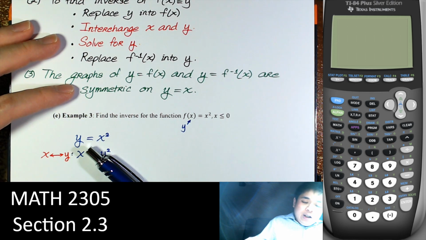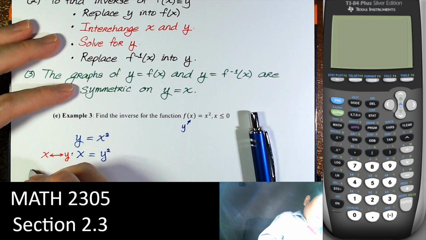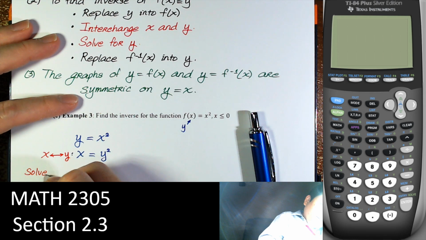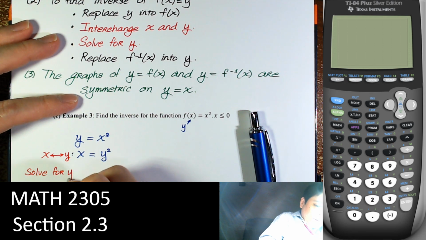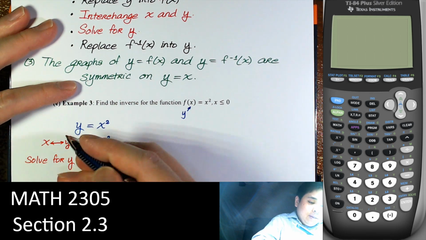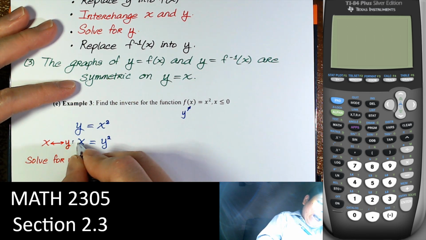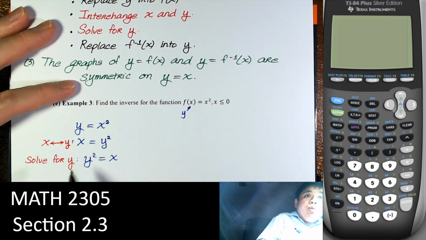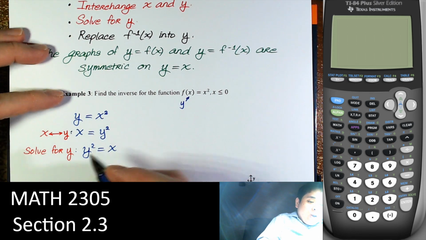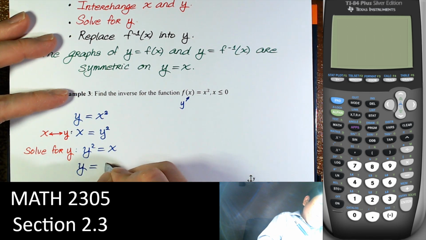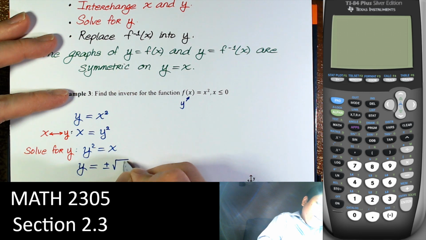And then next, solve for y. So if we have y squared equals x, or x equals y squared, same thing. If we want to solve for y, we have to take the square root on both sides, which gives us plus or minus square root of x.